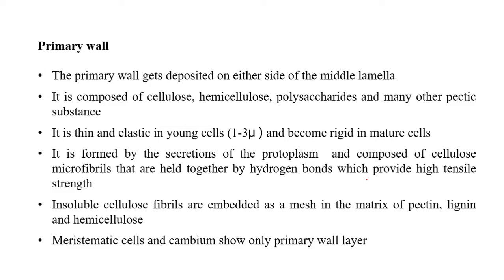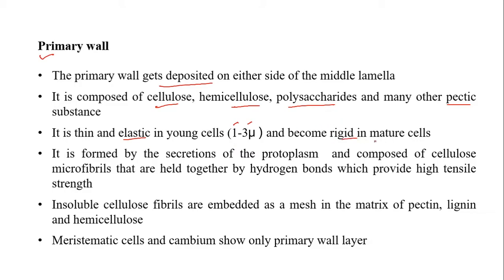Inner to the middle lamella, on either side of the middle lamella, is the primary wall. The primary wall gets deposited on either side, made up of cellulose, hemicellulose, polysaccharides, and many other pectic substances. It is thin, elastic, and is 1 to 3 microns in thickness when it is young.